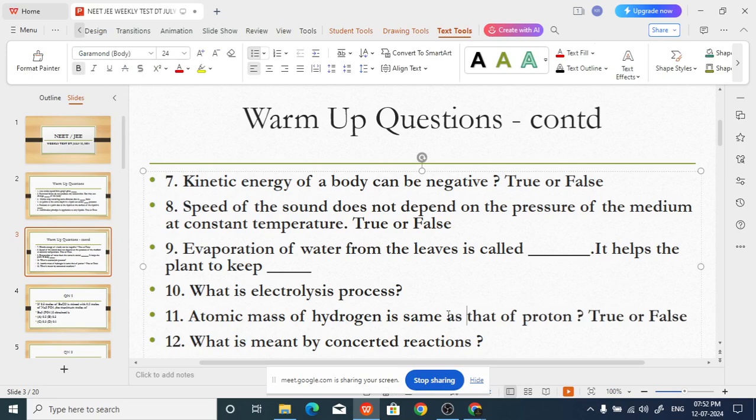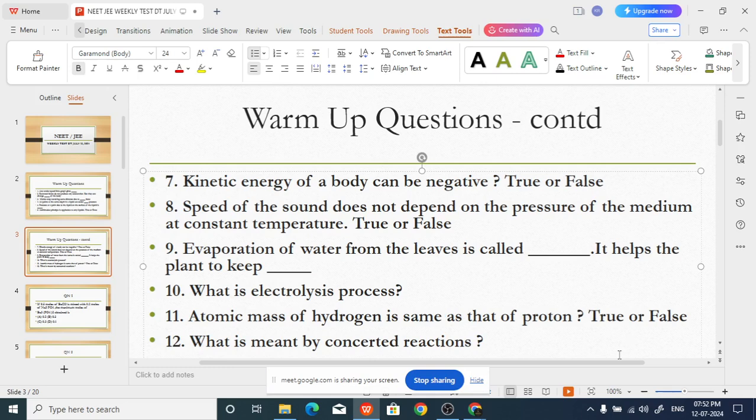True, sir. True is correct. In hydrogen, is there any neutron? No. Hydrogen does not have a neutron, so that is the reason why the atomic mass is nothing but the mass of the proton. Okay. What is meant by concerted reactions?